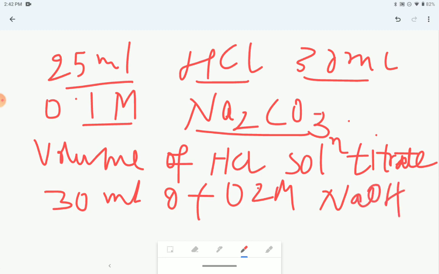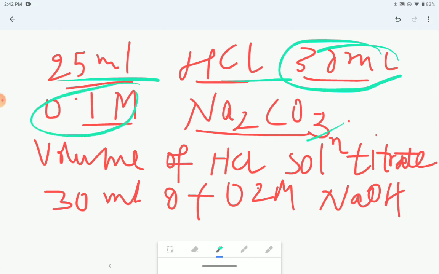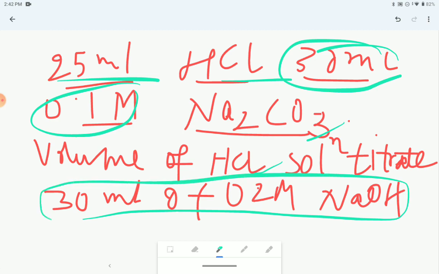This is the keyword: titrate. I once again repeat the question: 25 ml of given HCl solution requires 30 ml of 0.1 molar sodium carbonate solution. Then what is the volume of HCl solution required to titrate 30 ml of 0.2 molar sodium hydroxide, right?